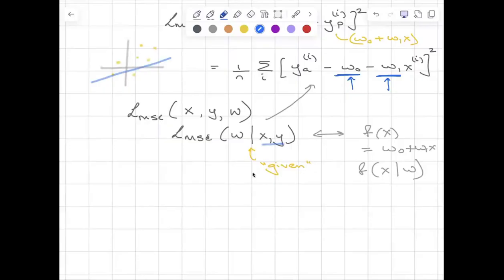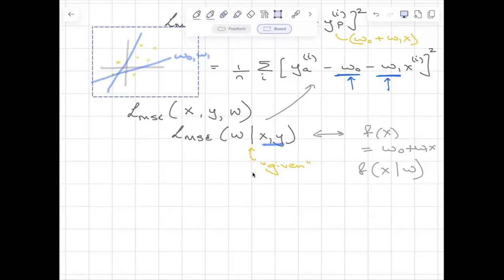So for these guys, I have some W0 and W1. I can calculate the loss. If I change W0 and W1, I can recalculate the loss. So I'm changing W0 and W1, but these points are remaining the same. And I'm calculating it for these points. Got it. Perfect.